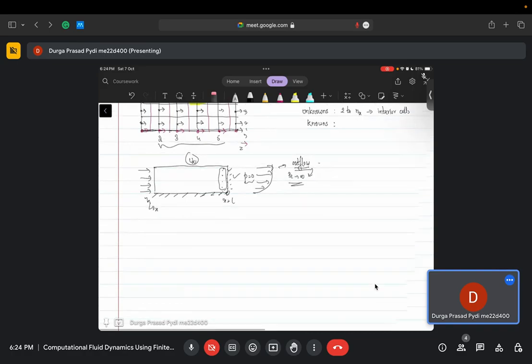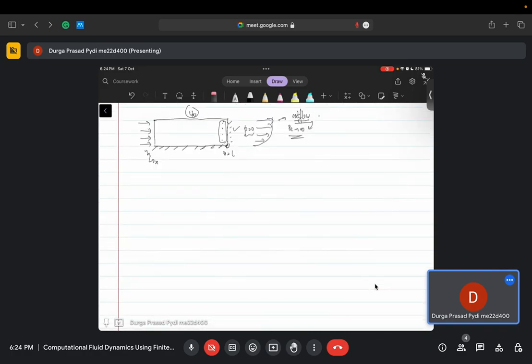So this is an example that even the professor will be discussing. I think he would have discussed. So we'll have some flow over some channel like this. If flow is happening, then you might have some vortices here.